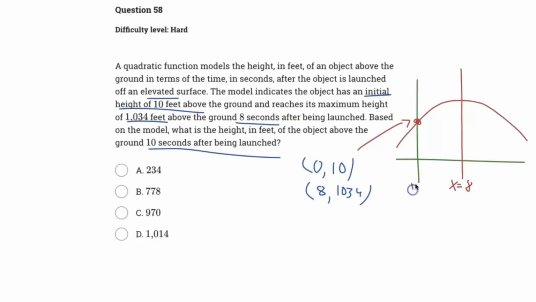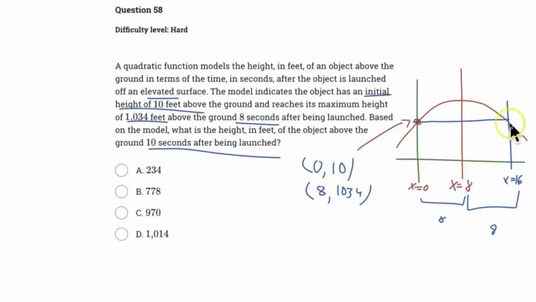If this is x equals 0, and this is x equals 8, then this value over here, when it returns back to the starting value, has to be x equals 16, because this is a change of 8, and this is also a change of 8. Each side of the axis of symmetry is equal.